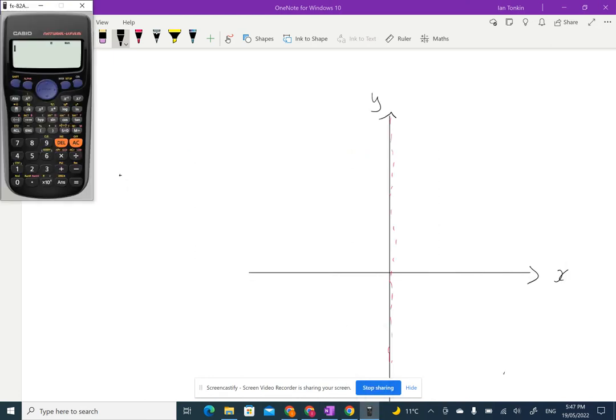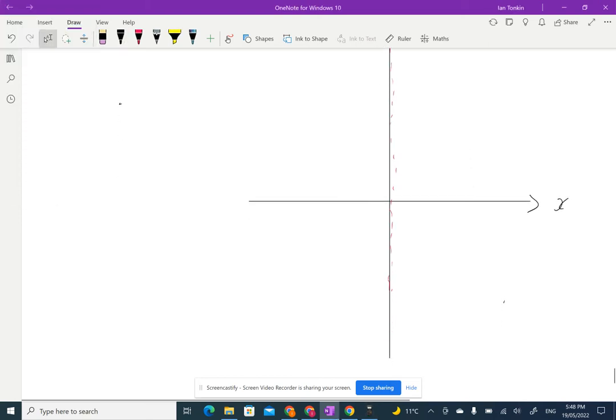So you can just plot points, but what do we know? Well, we know that we've got a turning point at x equals 5. So I'm just going to go 1, 2, 3, 4, 5, about there.